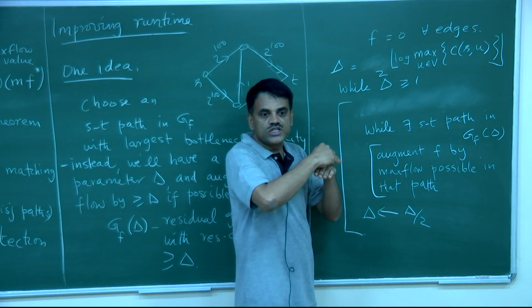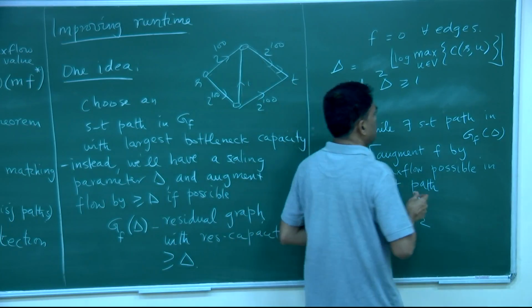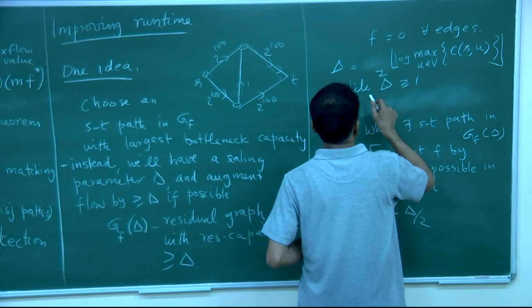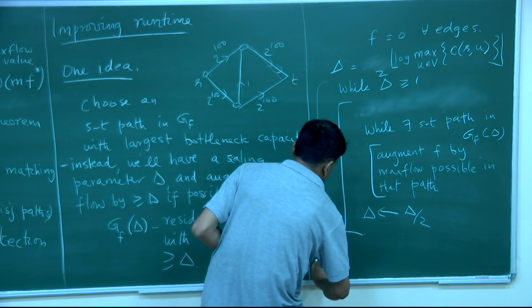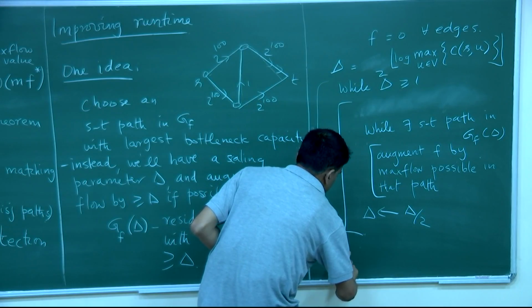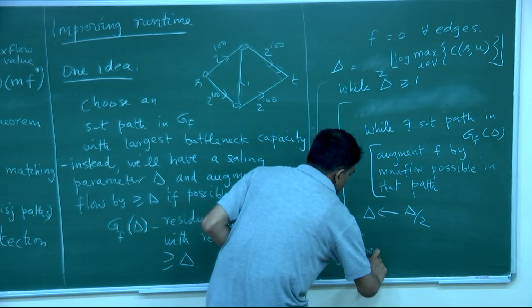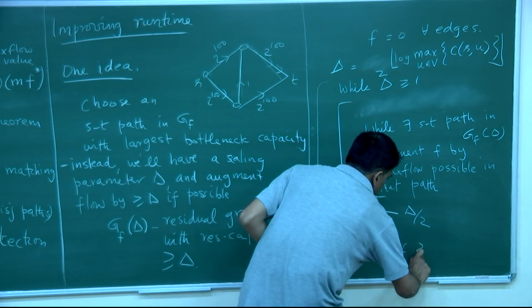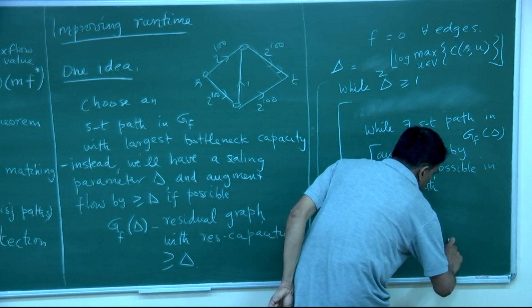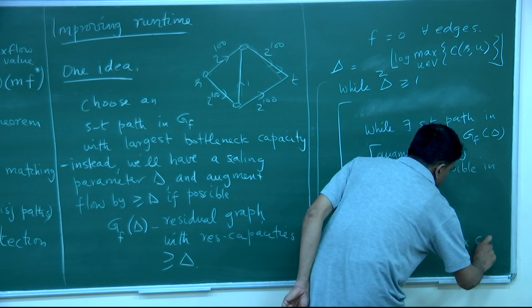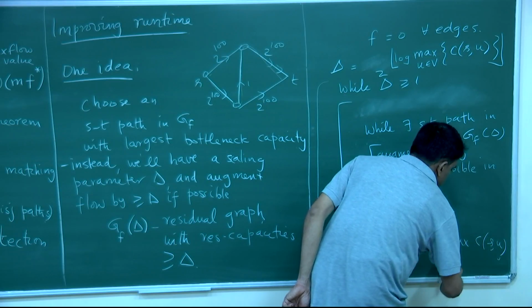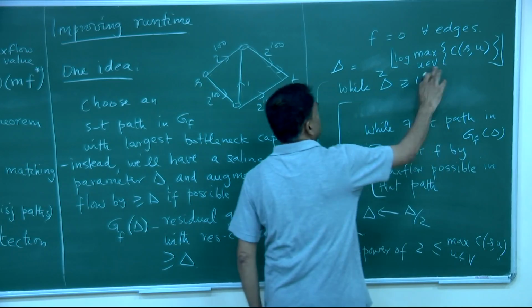And it's the largest power of 2. So another way to think about it is that this is the largest power of 2 less than or equal to max C(S,U), U in V minus S, comma T.